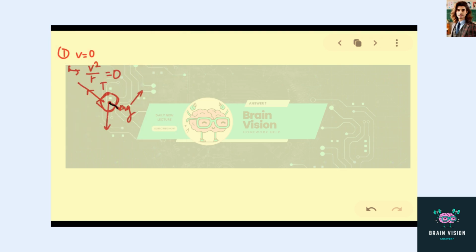So the radial component we are looking at is this particular component of the weight, which we can get via taking cosine, since this is our angle 45 degrees, and so we can just take mg cosine 45 degrees to be equal to the tension in the rope. So this gives us 0.83 newtons.